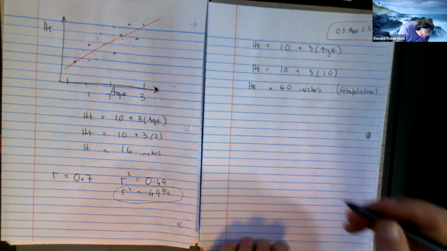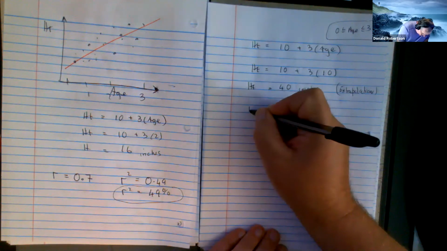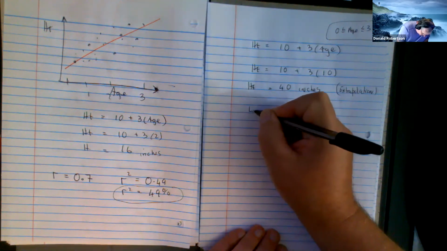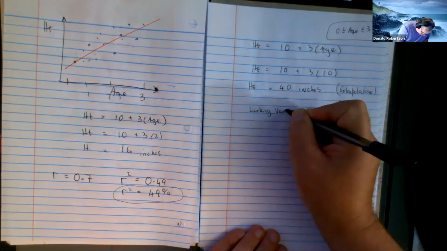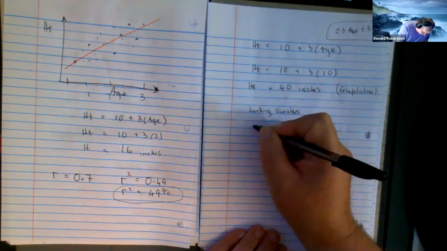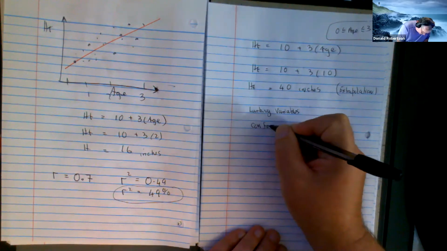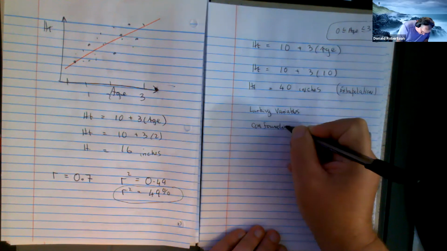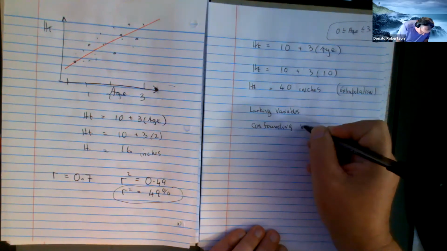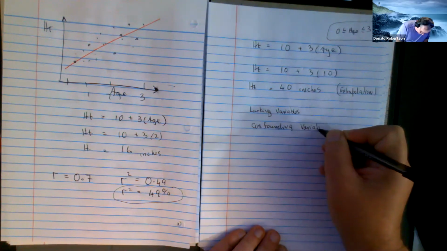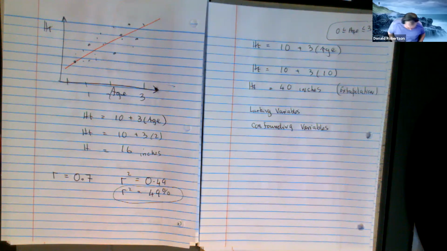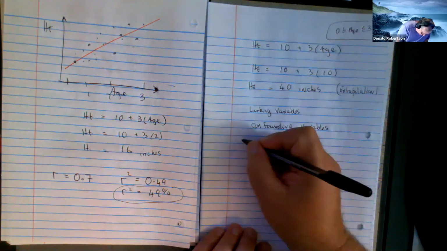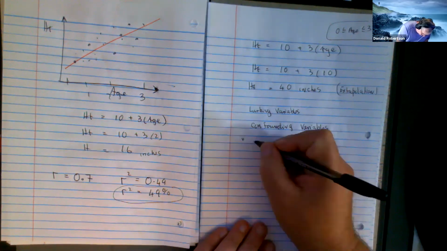And then we have these guys. Lurking variables and confounding variables. What that is talking about is a phrase that gets used a lot in correlation.